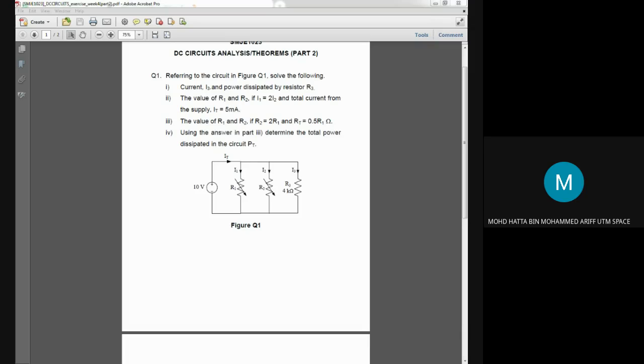No one would like to be a volunteer. Oh, Mohimin. Want to share your answer? Okay, I try. I send it on WhatsApp. Yes, send to WhatsApp. I'll share it here.